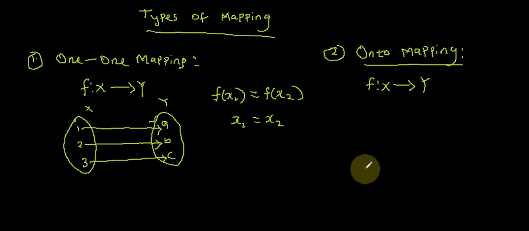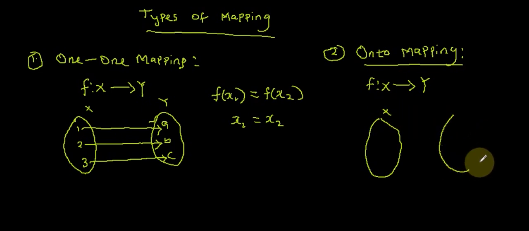Now, let's have our x and y so that I can explain this better. Using the first example, we have 1, 2, 3 and we have A, B, C.